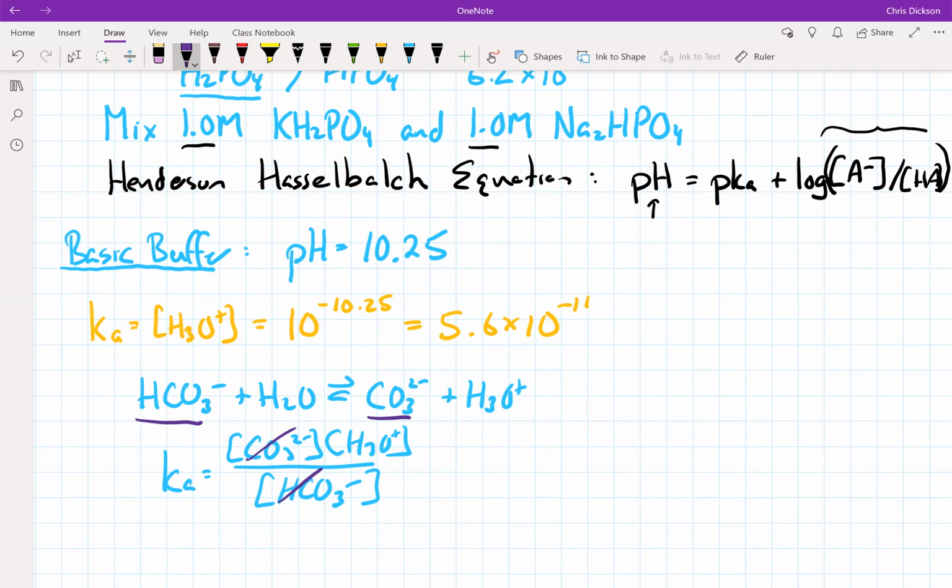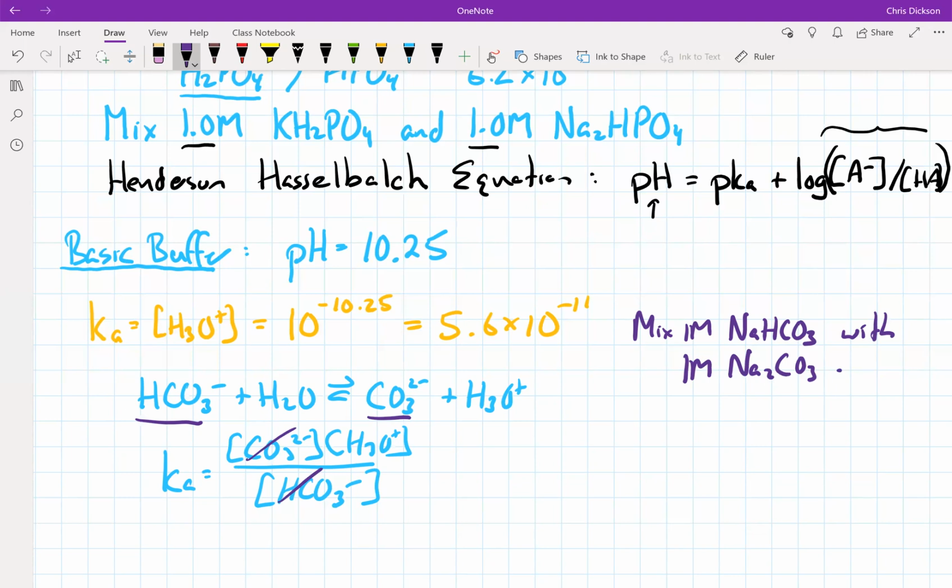Well, once again, these are both ions. So you could say mix 1 molar sodium bicarbonate with 1 molar sodium carbonate. So mixing these two together.